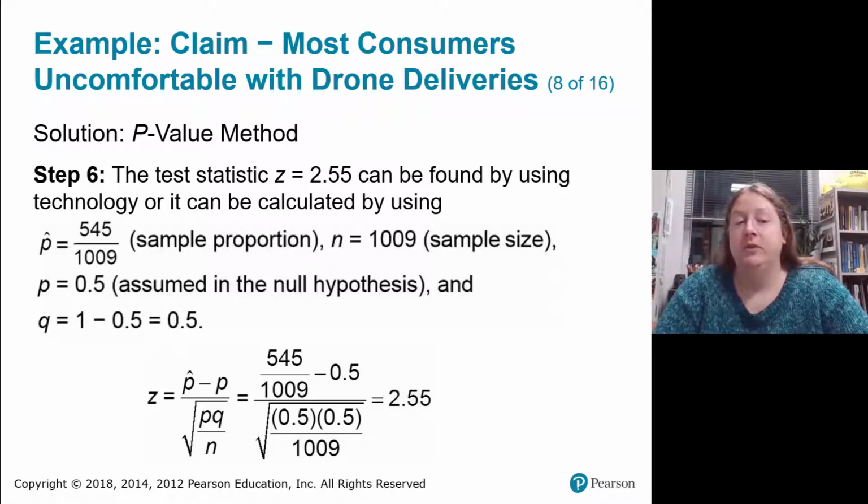So 545 divided by 1009 is going to be our p hat value. 0.5 as p was assumed in our null hypothesis, and that's what we use when we're using the p-value method. So we fill all of that in, we do that calculation, we get 2.55 for our z-value, our test statistic. That's the same thing that technology comes up with.